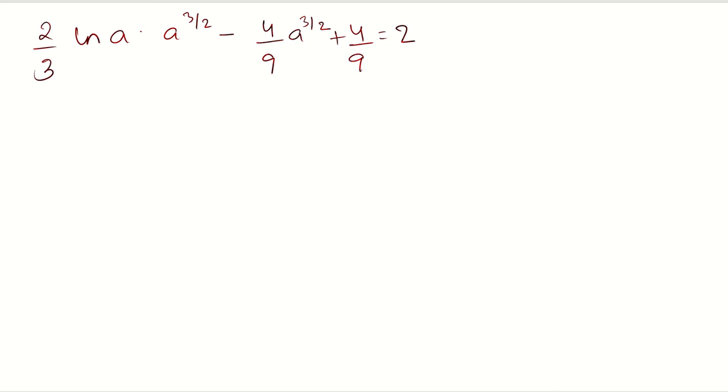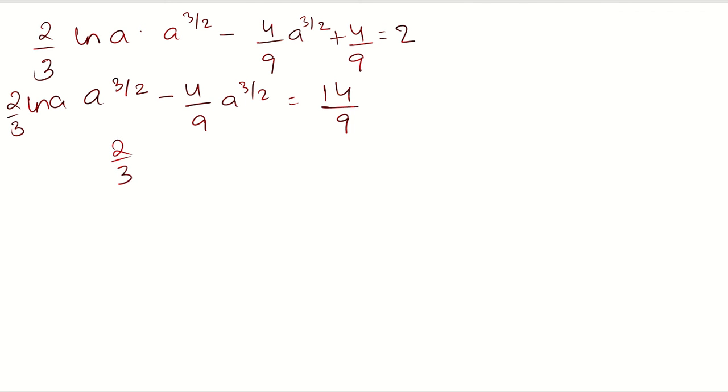Now you will have to rearrange and make a^(3/2) the subject. So 2/3 ln a a^(3/2) minus 4/9 a^(3/2) equals 2 minus 4/9, because I'll take 4/9 to the right side. So that's going to be 14/9. Then I will take the minus 4/9 a^(3/2) to that side.